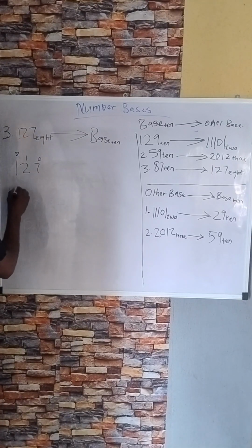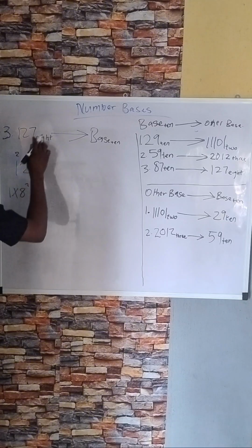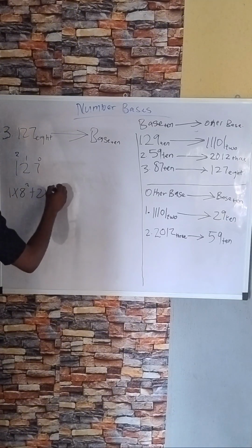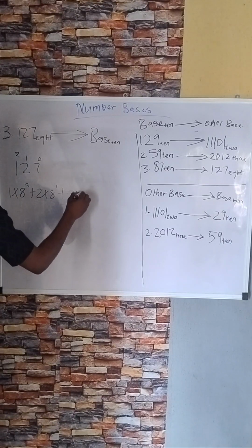So now multiply them by the base and then use this as the power of the base. So this is 1 multiplied by base 8 to the power of 2, plus 2 multiplied by base 8 to the power of 1, plus 7 multiplied by base 8 to the power of 0.